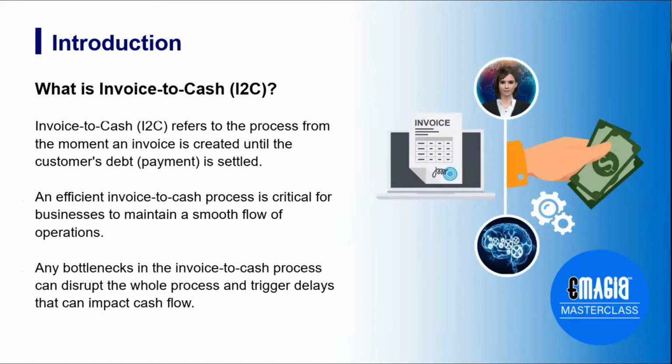And of course, any bottleneck, any inefficiencies can disrupt that flow. And you want an end-to-end process, and you want the automation to mimic the invoice flow. So it's a critically important process, especially for cash inflows.